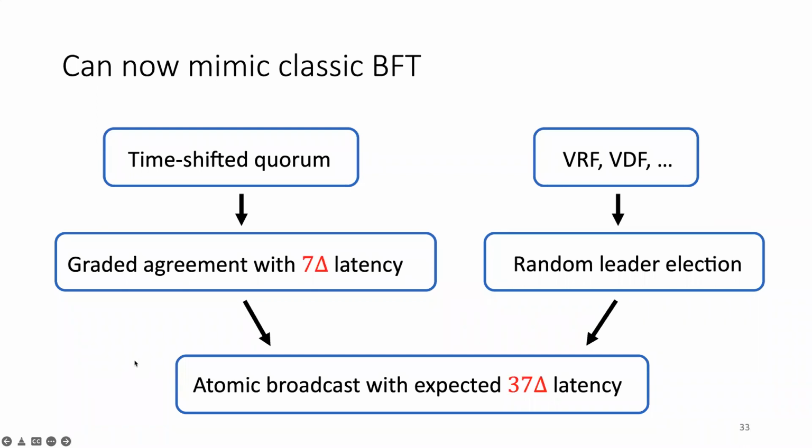Concretely, our graded agreement takes 7 delta time, and we need 5 of those. It turns out it's a relatively large constant. So it may not be super practical yet, but I'm very excited about the results. It's the first time we can achieve constant message delay latency in dynamic BFT.